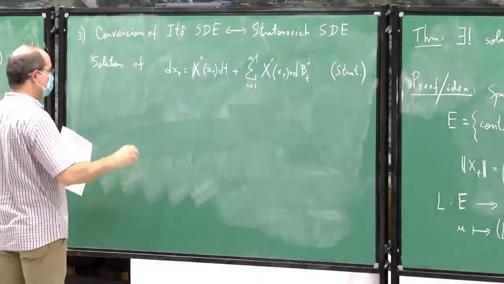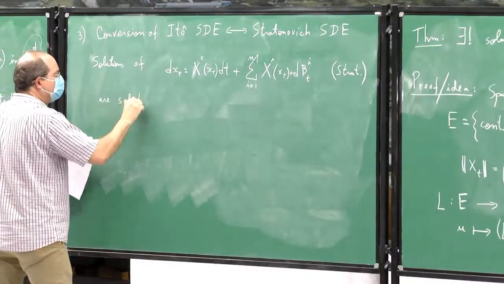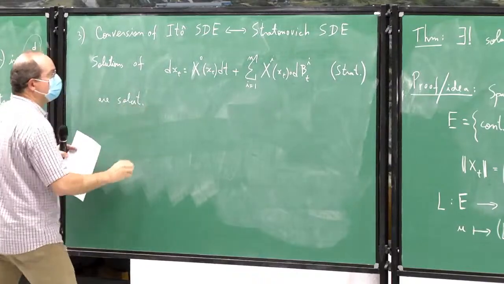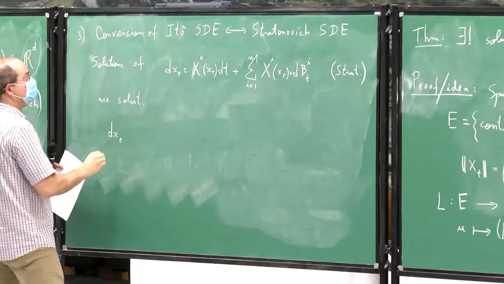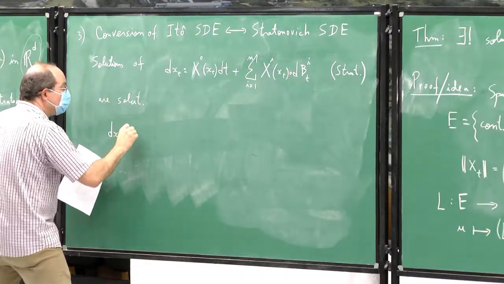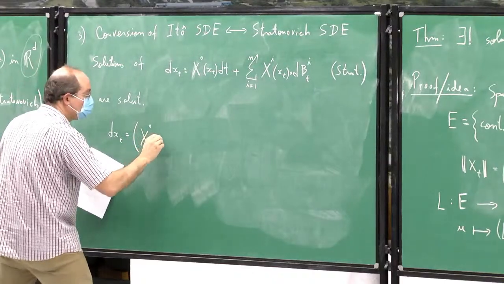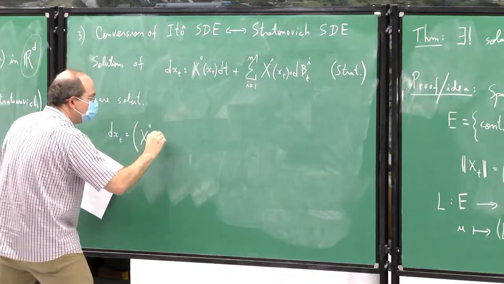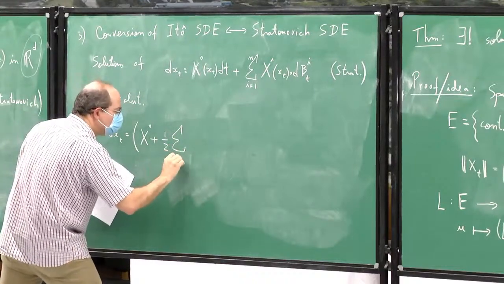Stratonovich equation are solutions, and vice versa, of dXt equals X0 plus half the summation in i.